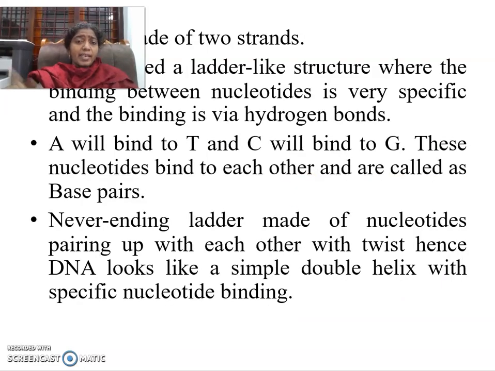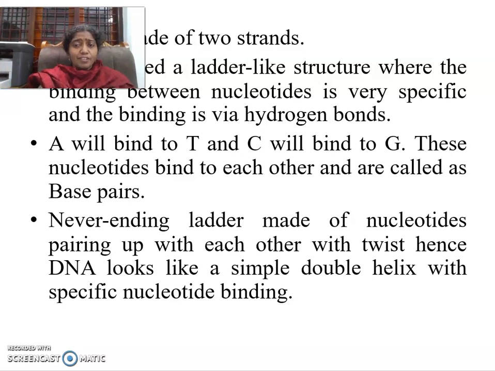And we know the DNA is made up of 2 strands and they form a ladder-like structure, and at some points they form a twist. They bind with the help of hydrogen bonds. Because of this twist, it looks like a double helix structure.